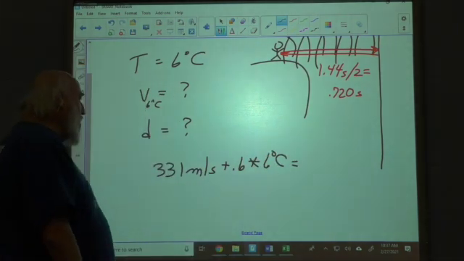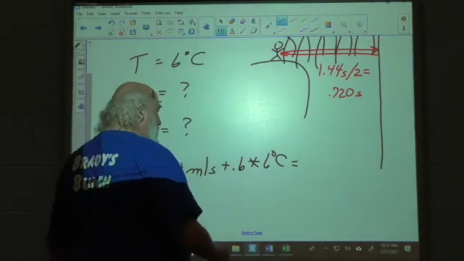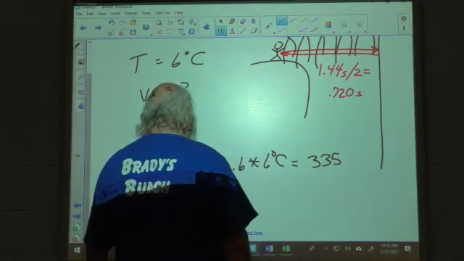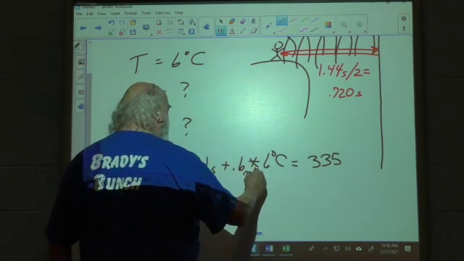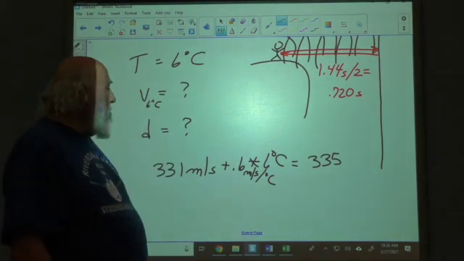Type that in your calculator, you get something like 334.6. Round that off, that becomes 335. And 0.6, by the way, has the label meters per second per degree Celsius. I forgot to mention that.